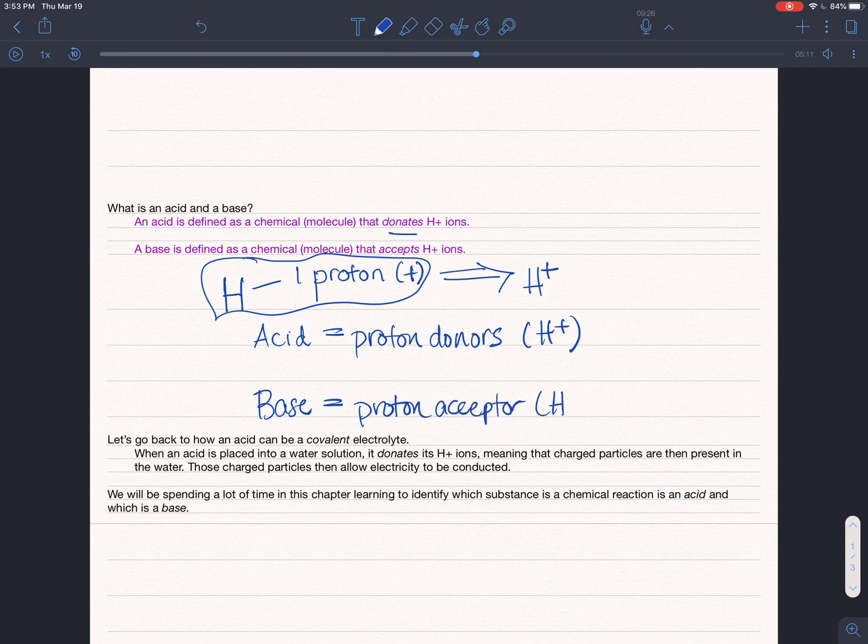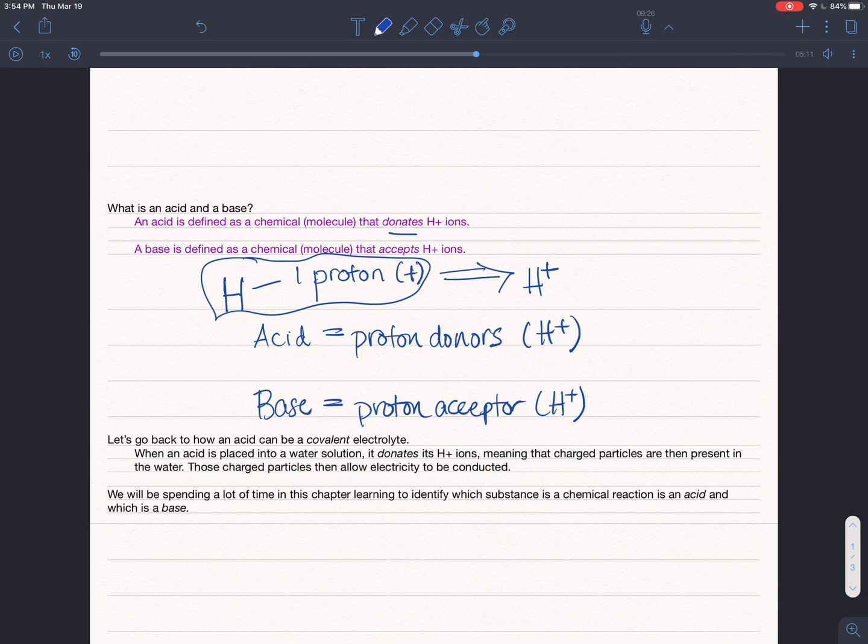And again, what it's accepting is an H plus ion, which is simply a proton. So if you see an acid called a proton donor, that simply means it has the ability to give hydrogen atoms that are charged particles that have lost an electron.